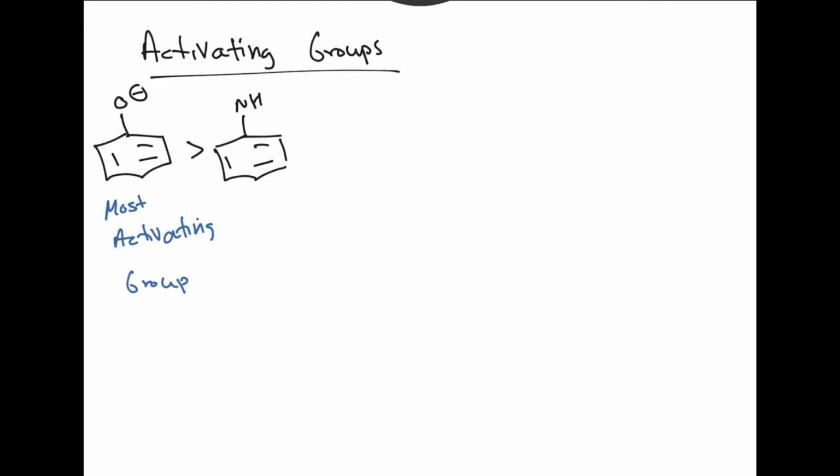So what are some examples of activating groups? Having an O minus, like phenoxide, this is our most activating group. Then we have anilines.